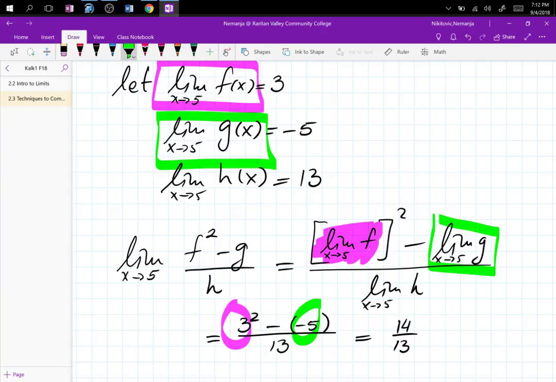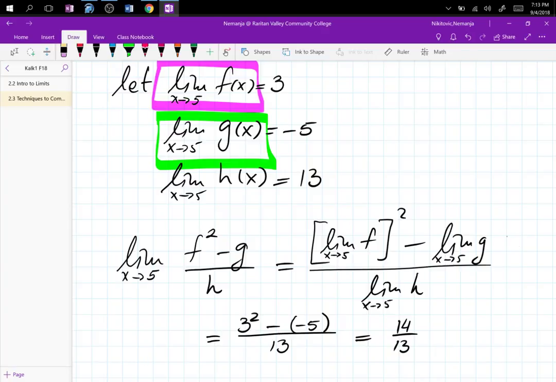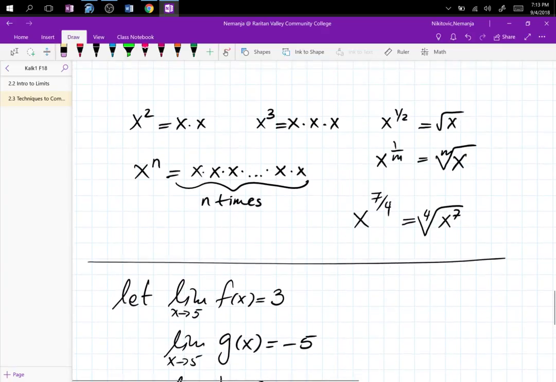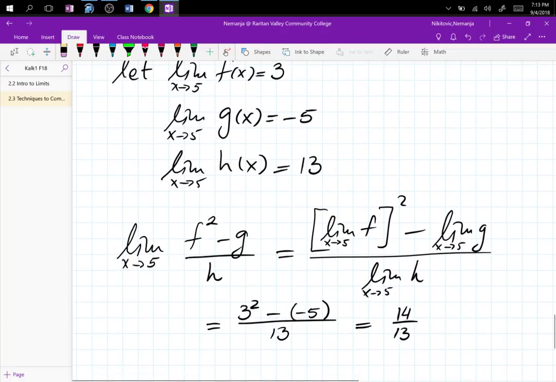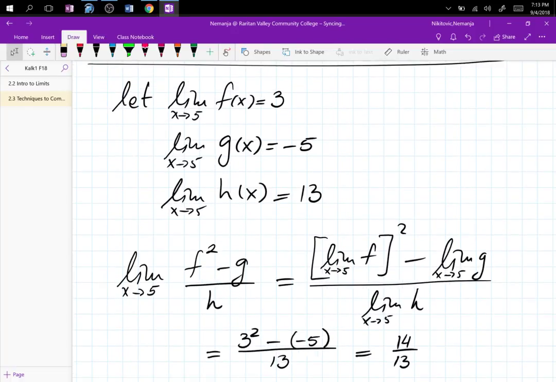So you can come up with whatever you want, and you can make these problems on your own and just chase stuff around. So those are the limit laws.